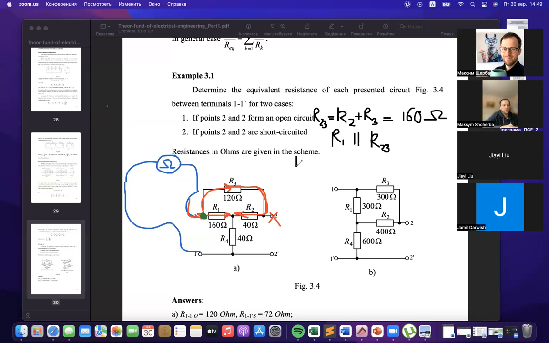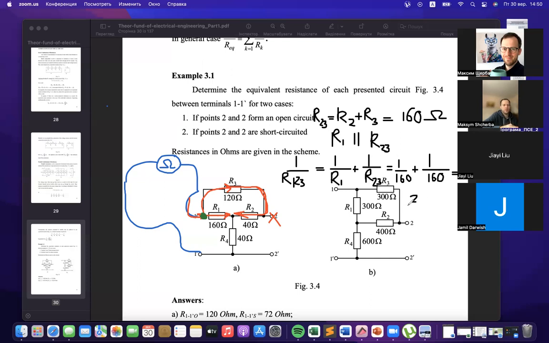We should use the formula that 1 over R123, the total resistivity, equals 1 over R1 plus 1 over R23. And it will be 1 over 160 plus 1 over 160.